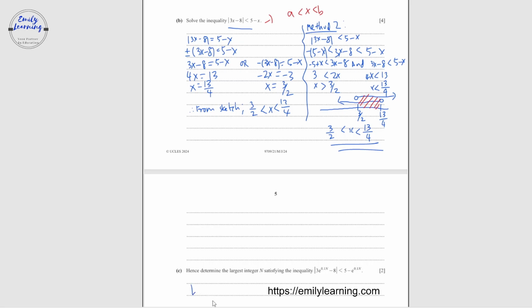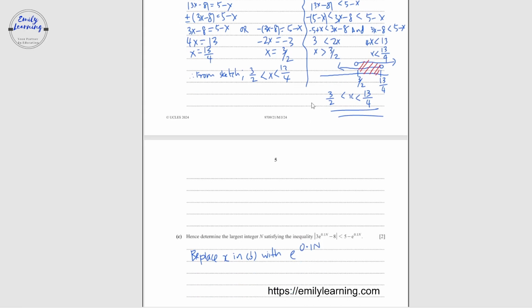So we will replace x in part B with e to the power of 0.1 n. So since x is in between 3 over 2 and 13 over 4, that means e to the power of 0.1 n is in between 3 over 2 and 13 over 4.